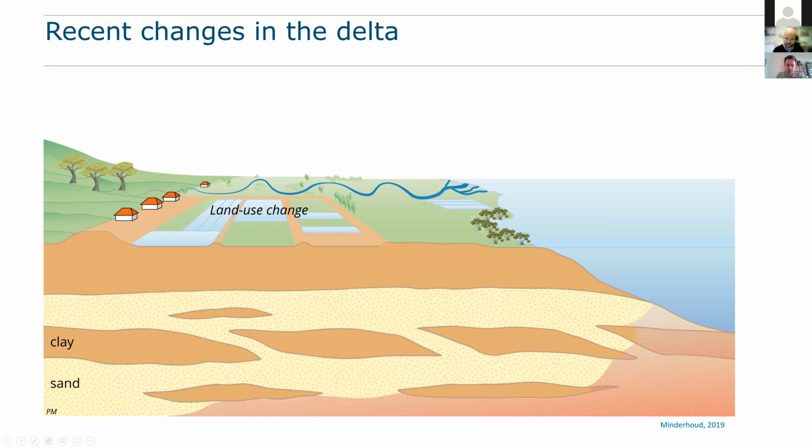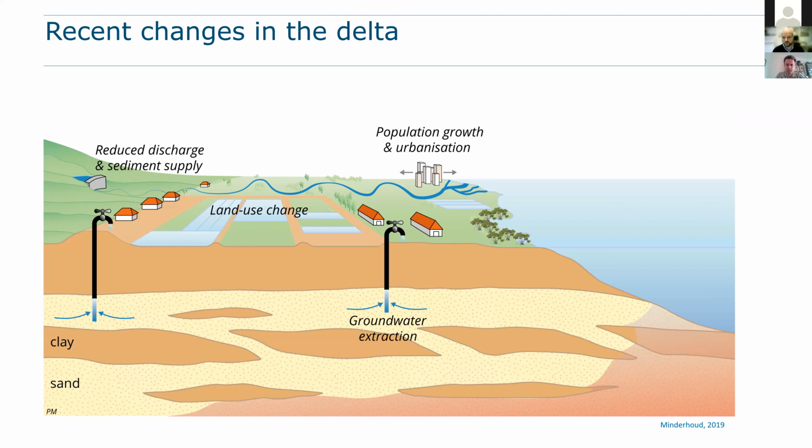Also in the upstream domain, there have been a lot of changes, for example the building of hydropower plants, which blocks the flow of sediment and water to the delta and changes these dynamics quite drastically. And then inside the river itself, there is also the mining of sand, which changes the whole geomorphological shape of the riverbeds.